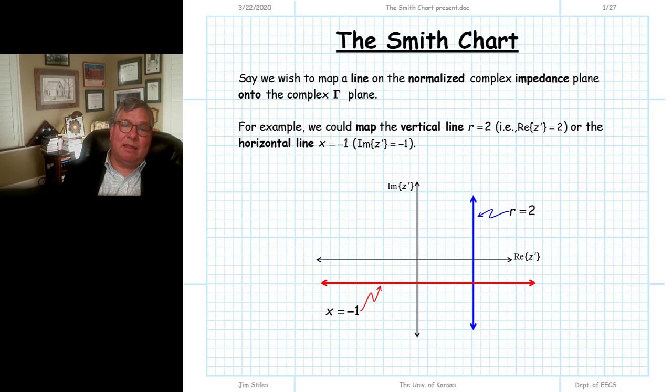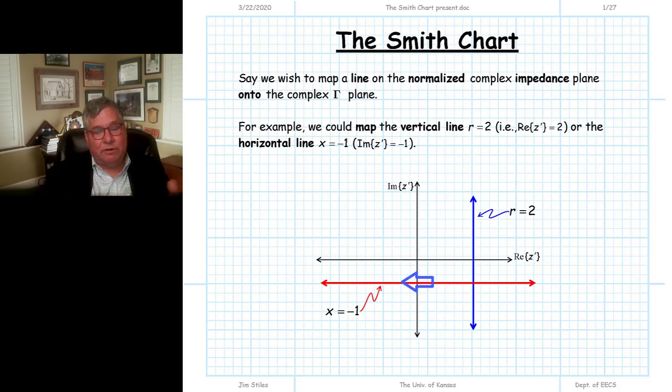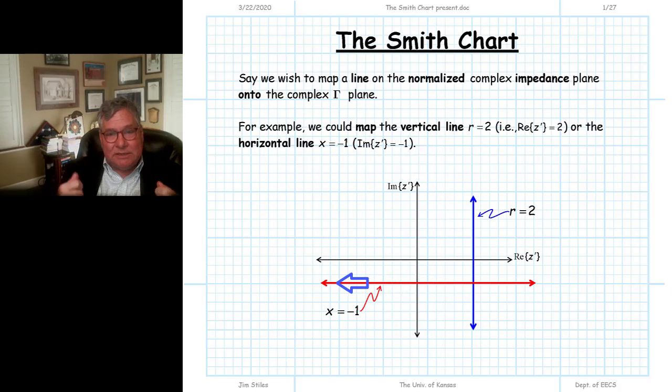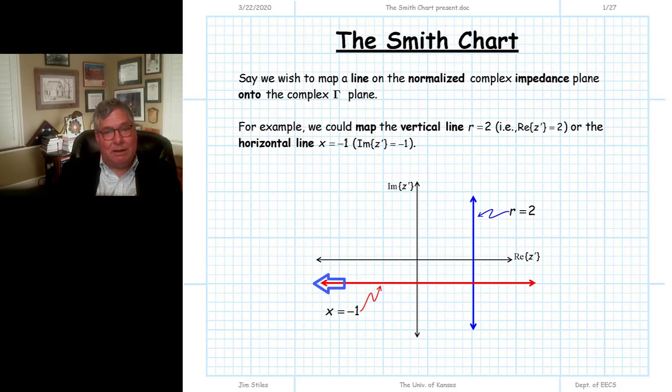So once again, that would be considered an open circuit. Likewise, if we move to the left from the imaginary axis along this red contour, we find that the resistive component, the real component, becomes negative. We move into the invalid region. As we move further and further left, the resistance becomes more and more negative until we approach negative infinity.